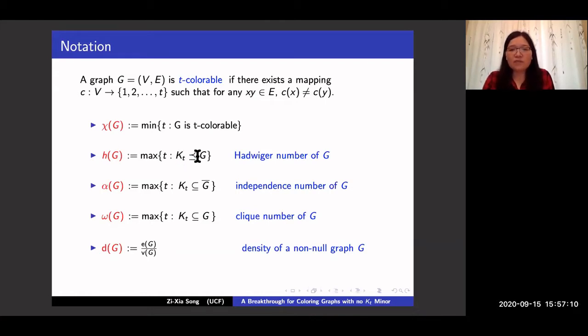Kt is a minor of G. And this is the independence number. This is the clique number. So I will not say, everybody knows. And we use d(G) to denote the density of a non-null graph G here. It's the number of edges divided by the number of vertices of a graph. It's half of the average degree you normally use.